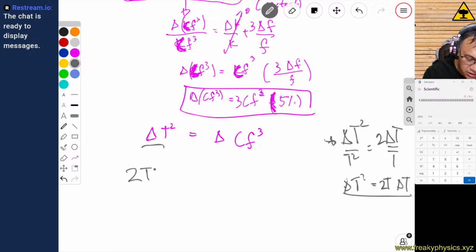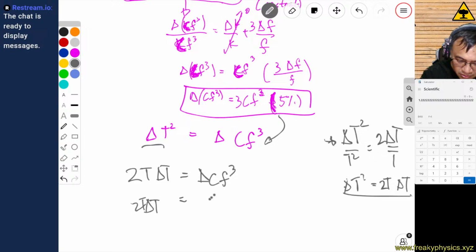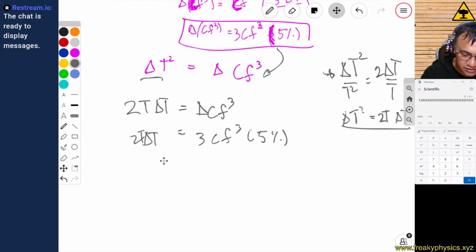So we can substitute that into here. We have 2t delta t equals delta cf cubed. Oh, I forgot the 3. Delta 3cf cubed first. Now we substitute this in here. So 2t delta t would be equal to 3cf cubed times 5%. Finally, we solve for delta t.